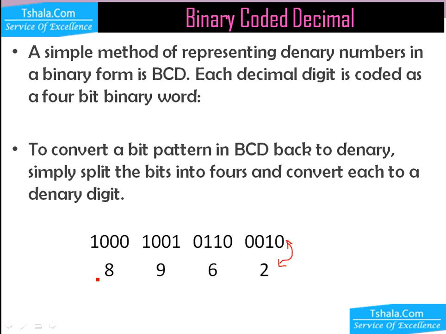So this number here, 8962, in binary is that. And if we started with that one, converting it to decimal, then this is the way to go for it.